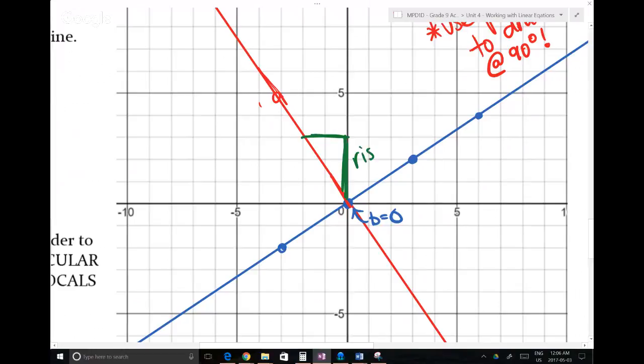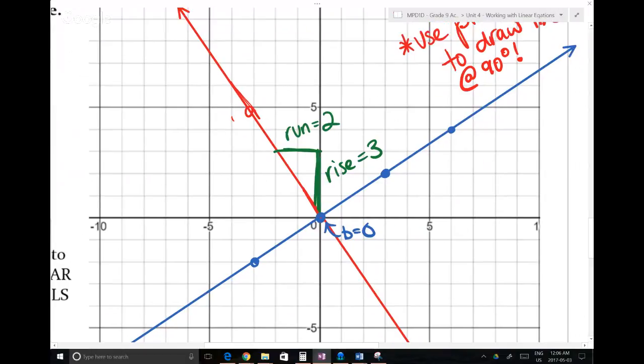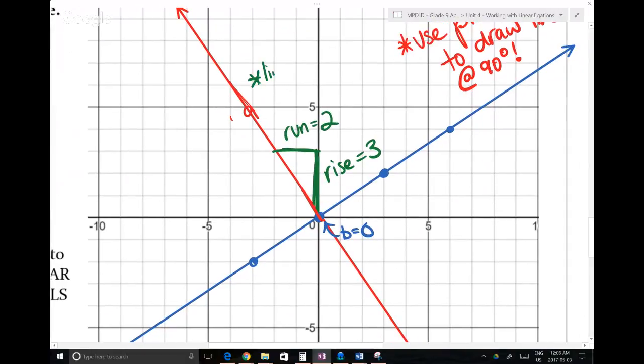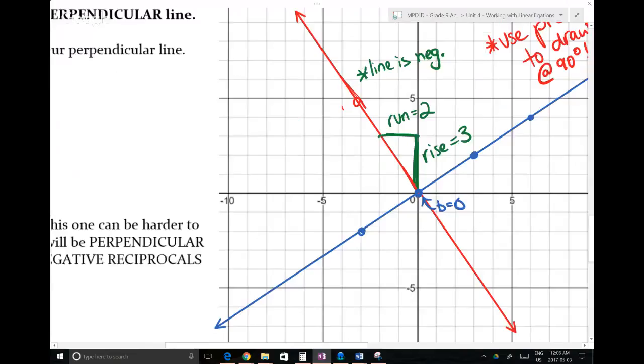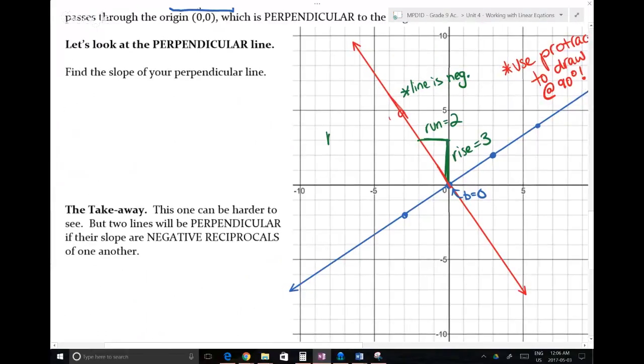And here we have a rise of 3 and a run of 2. But we also have to note that the line is negative. And it goes down. That means our m is going to be negative 3 over 2. And the b is still 0, right?